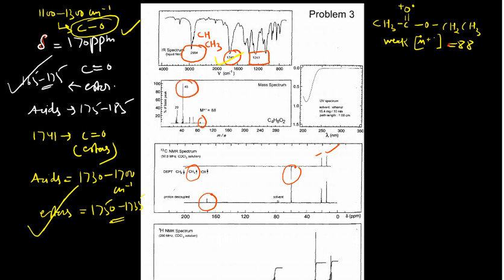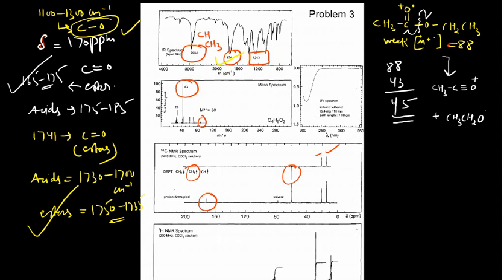So what we generally do, we take this 88 and subtract 43 from it, and this will give you 45. That means you have to lose 45 from here, right. So how can we lose 45? You can go for the alpha cleavage. It will cleave from here, so this will leave as a radical and this will come here. So what fragment will you have? You will have this fragment CH3, C triple bond O positive, and CH3CH2O dot, which is a free radical.